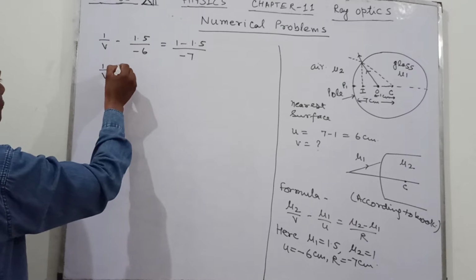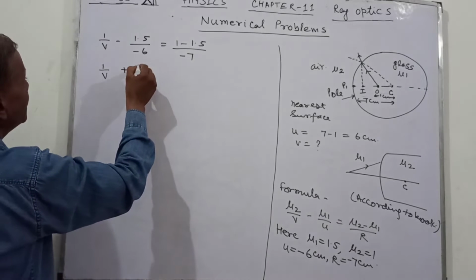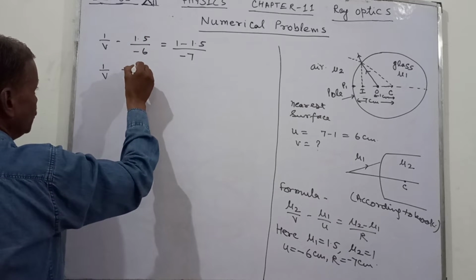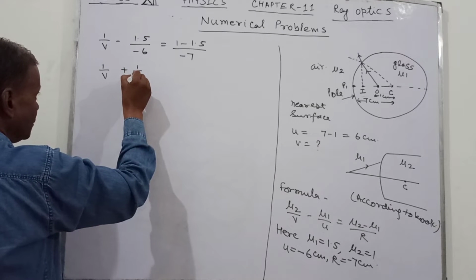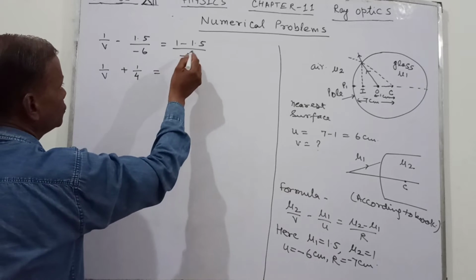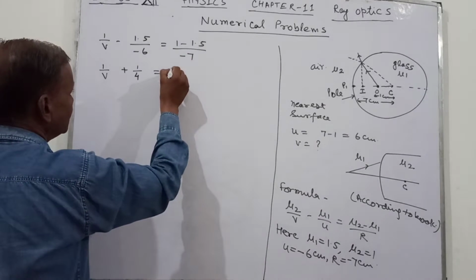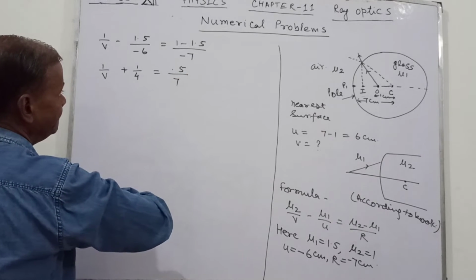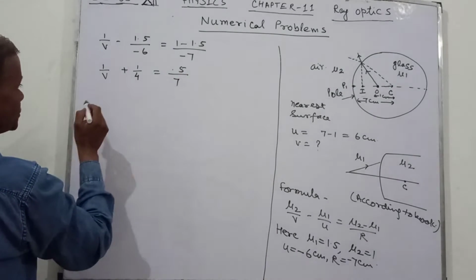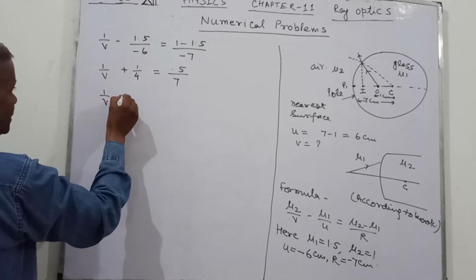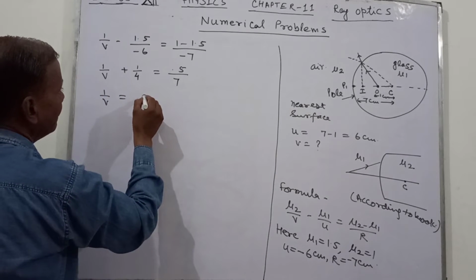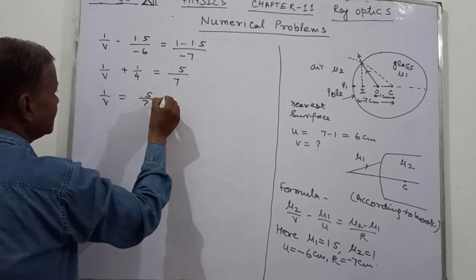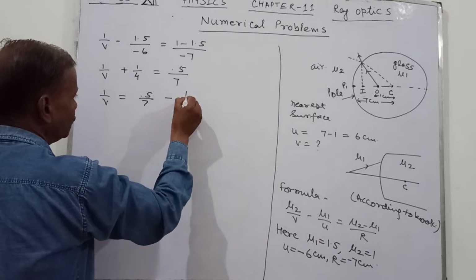This 1 upon v equal to plus 1 by 4 equal to 0.5 upon 7. So now this 1 upon v is equal to minus, 0.5 upon 7 minus 1 upon 4.